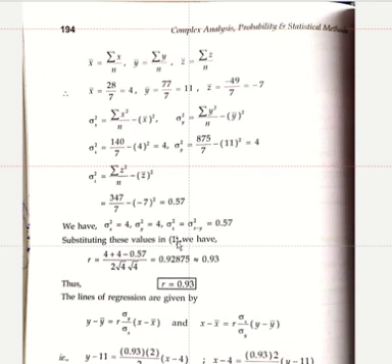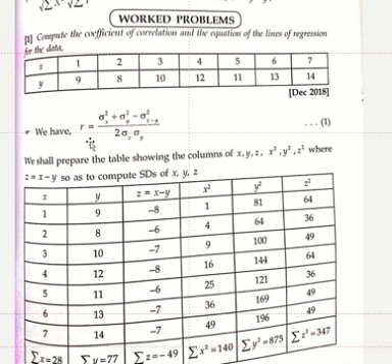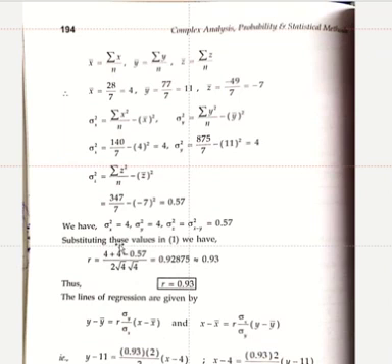Substitute these values in equation 1. What is equation 1? Equation 1 is r is equal to sigma x whole square plus sigma y whole square minus sigma of x minus y whole square, that is z, sigma z whole square, divided by 2 into sigma x into sigma y. Therefore, r is equal to sigma x whole square, which is 4, plus sigma y whole square, which is 4, minus sigma of z square or sigma of x minus y whole square.